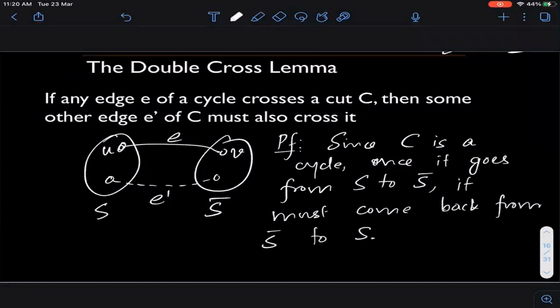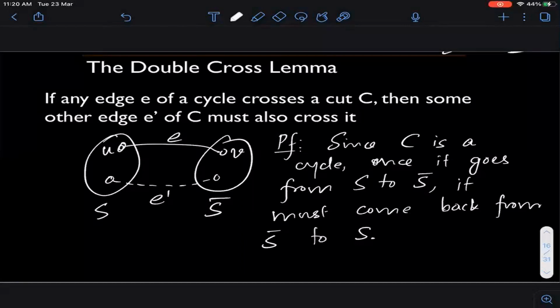Okay, so Kevin, I briefly saw what you have written. I think that proof might not work. So what you are trying to say is that if I remove one edge, then there exists another edge. So that will not prove that this edge crosses this cut, right?